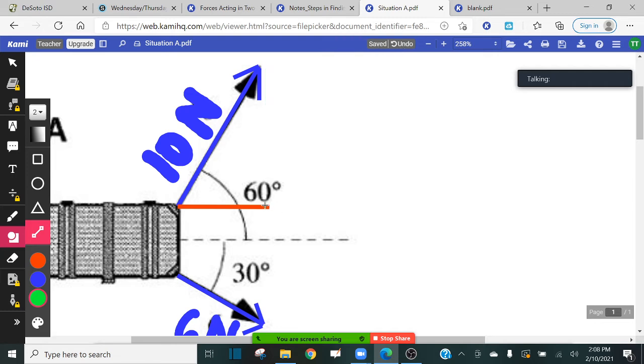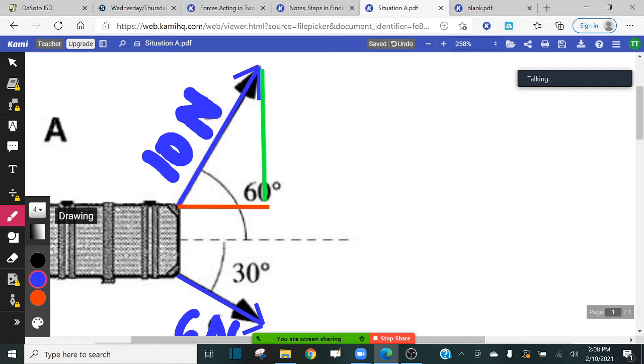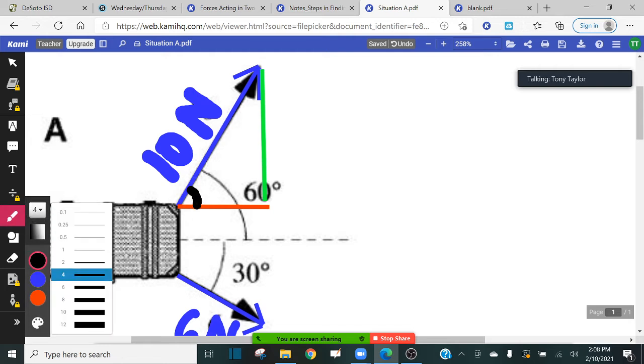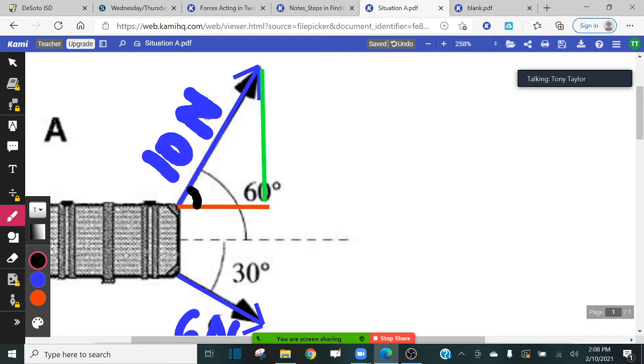So it's pulling in the x direction at the exact same time that it's pulling in the y direction. Okay. So this is what I mean when I say split up each vector into its x and y components. So this is the first step. And remember, guys, this angle right here is 60 degrees. Okay, I see that. So that angle right here is 60 degrees.